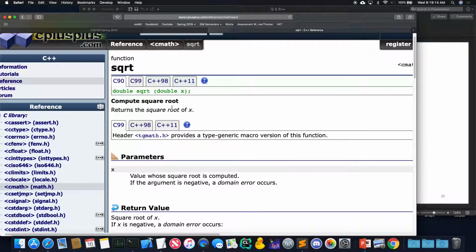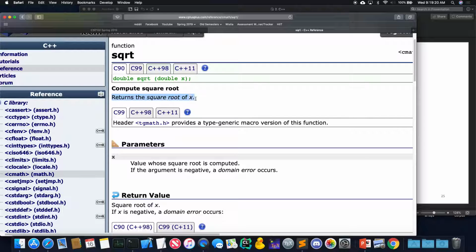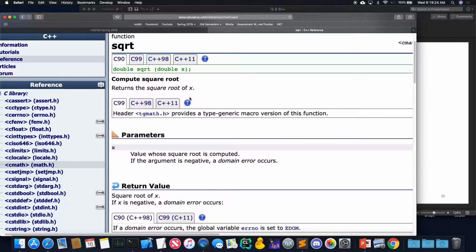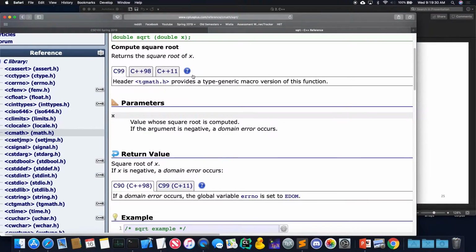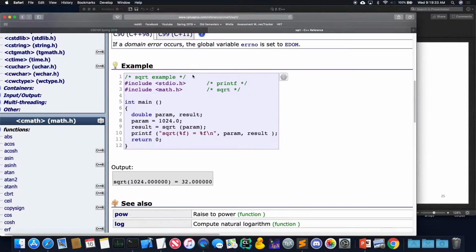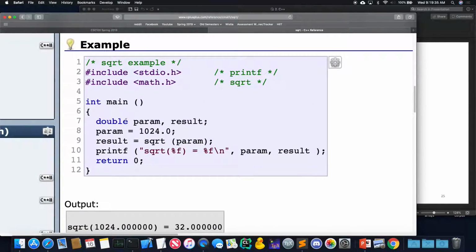Okay, so that's fine. So the function is called sqrt, and the description of it says it returns the square root of x. Okay? So I do understand, but you may not understand this notation up here, whatever this is. So maybe let's come down to an example. So it says that we have a double param and result up here.